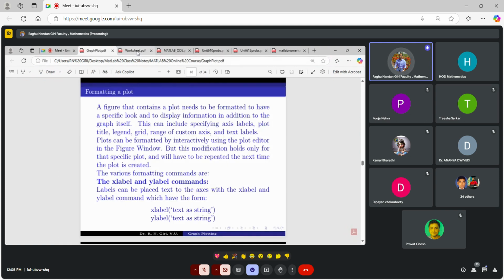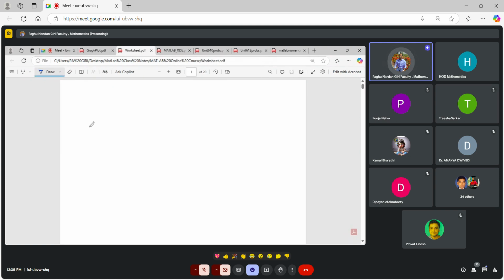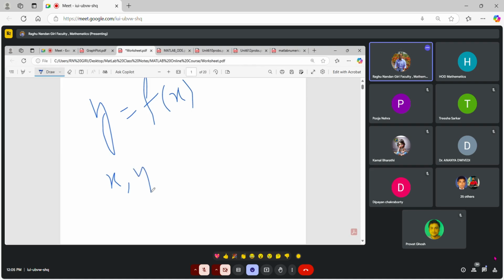Last day I just took the 2D plotting. The function y equal to f(x) is known, the table of values of this function, x and y, is known. Then we plot this graph.